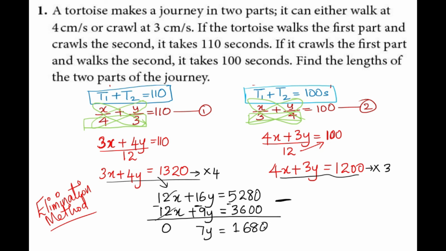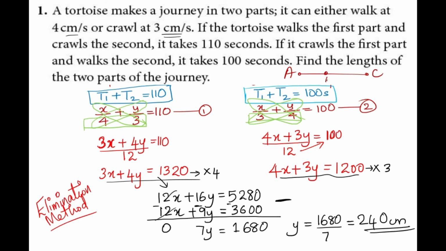From which my y is going to be 1680 divided by 7, which is equal to 240. And your distance is in centimeters. This was my x and this was my y.